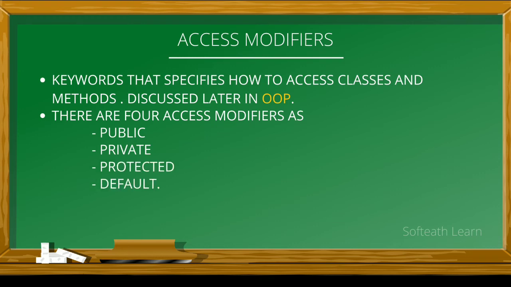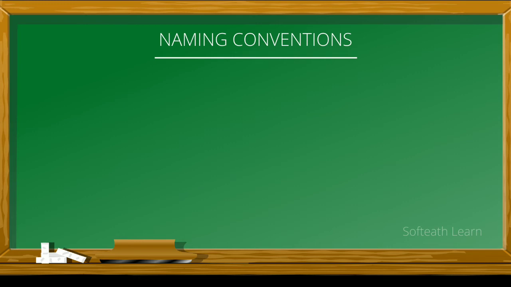I just want to give you an idea, as these keywords are used in a simple Java program. As I said, these will be explained later in OOPS. So for now, get an idea that we have 4 keywords: public, private, protected and default, which are called access modifiers.